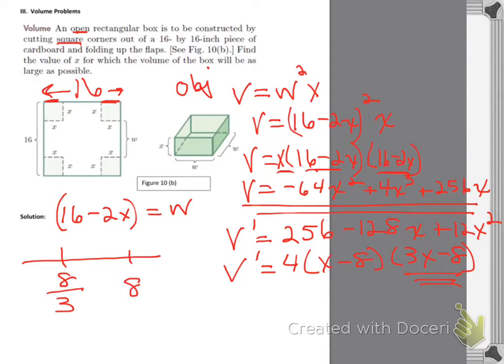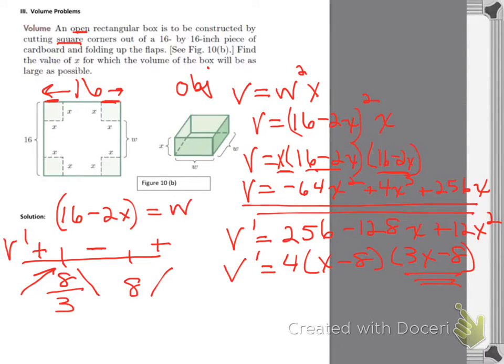When I plug in and check my first derivative test, what I'm going to find is that to the left of 8/3 I'll have a positive slope, then I'll have a negative slope, then I'll have a positive slope to the right of 8. So what's going to happen is I initially will get a max for my volume, then I'll have a min if I use 8 for my critical value.